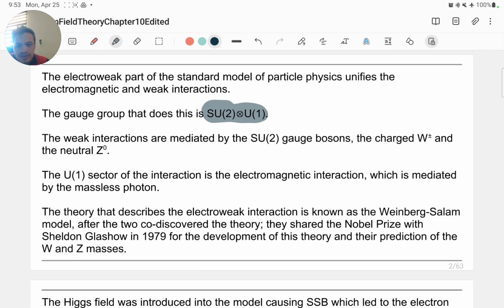They won the Nobel Prize for the development of this theory, and of course for the prediction of the masses of the gauge bosons or the interacting particles of the theory.